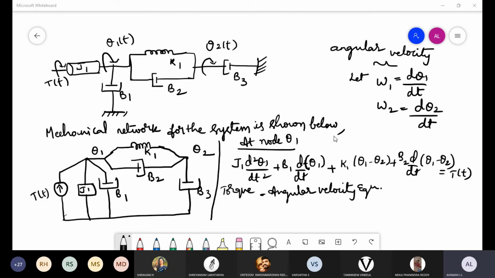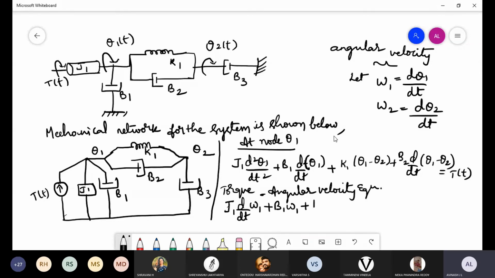So we're talking about the torque angular velocity equation. For J1 d square theta 1 by dt square, I can say J1 into d by dt of omega 1, since d theta by dt I can take as omega, plus B1 into omega 1.